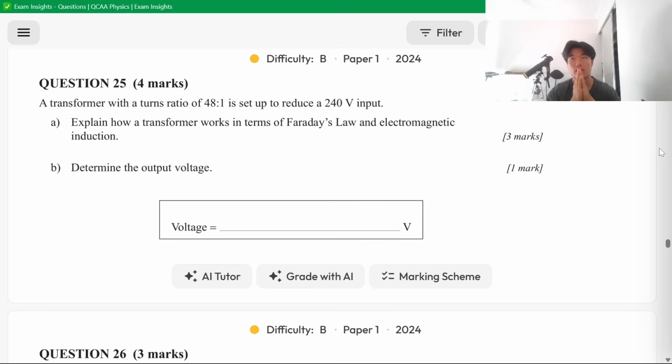It's just like, from the primary coil, when there's a change in magnetic flux, that will induce a current in the secondary coil, allowing the voltage and the current to be altered. It's something like that. I don't know.